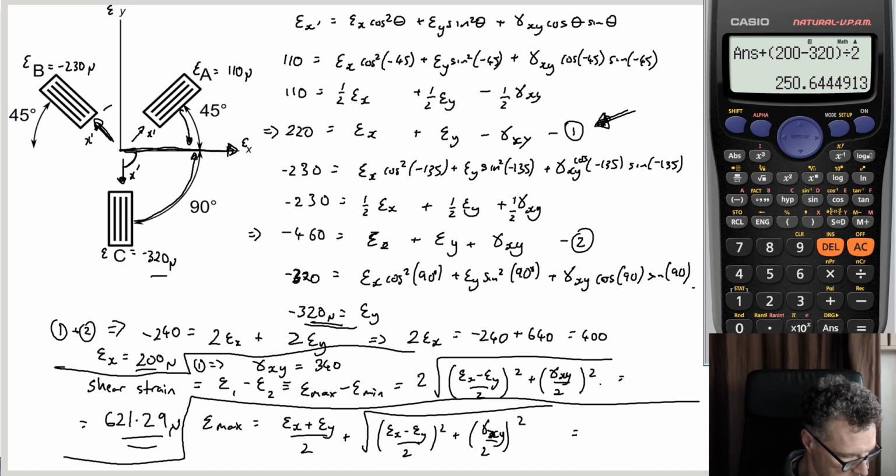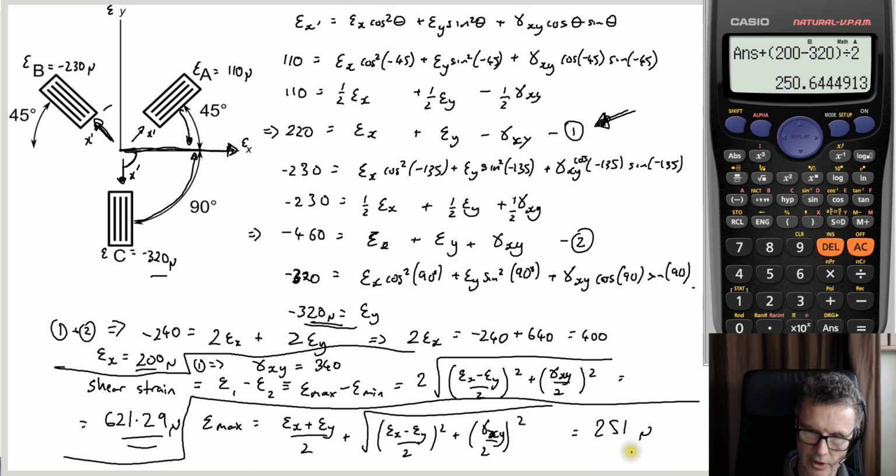And that doesn't look right. Oh, that's fine. Yes, correct. So 251 microstrain is the maximum strain, and take it away, you can find the minimum strain.